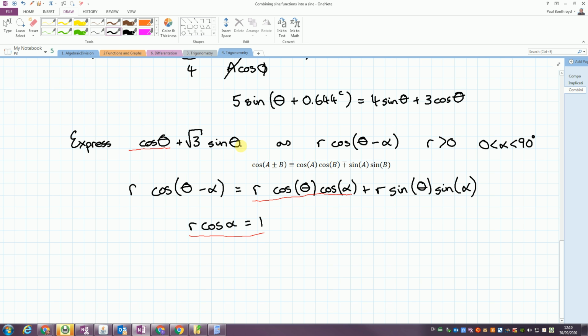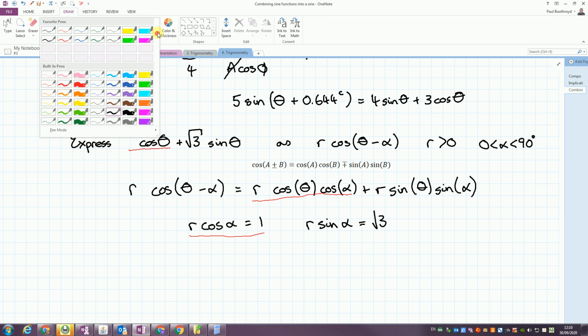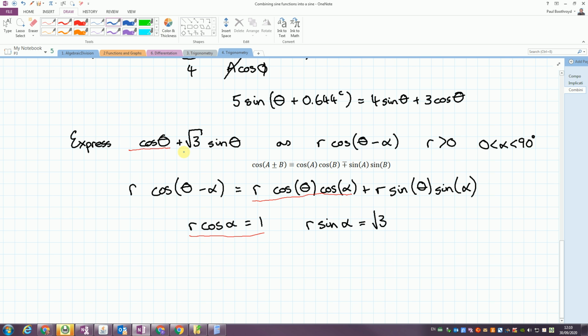Well, the sine theta is in my expression, so I get r sine alpha is equal to the square root of 3. And again, I'm going to underline those bits to show which bits matched up. So root 3 sine theta gives me the r sine theta sine alpha. Equate the bits without the sine theta, and I get r sine alpha.